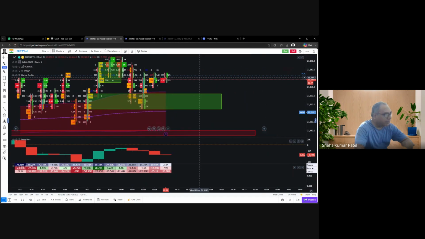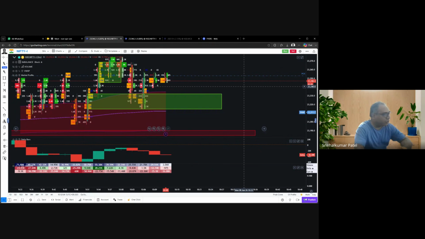As I mentioned, POC is called point of control, which is within the value area. This is the area where buyers and sellers think this is the ideal price of an instrument. That's why price keeps hovering around this area, which is POC. They think this is the ideal price, 23,250.